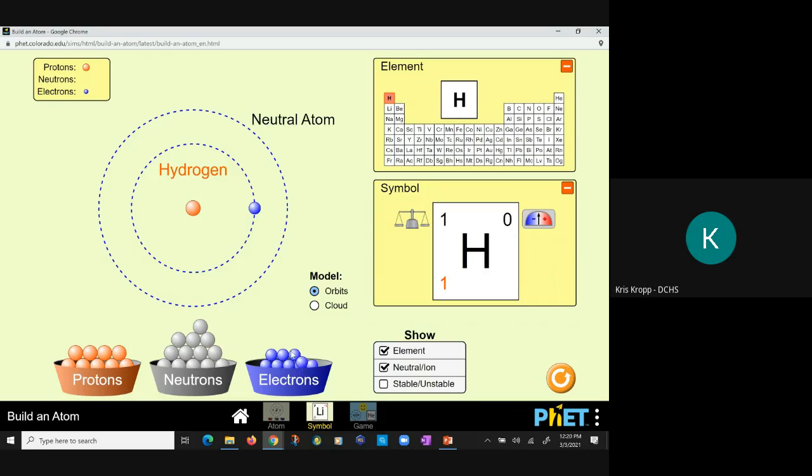I can add an extra electron in here because hydrogen tends to want to fill its energy level, so it wants 2 electrons. So notice now the charge is -1 because I have 2 electrons. Look up here in the corner, if you will, and only 1 proton. So my charges are unbalanced.